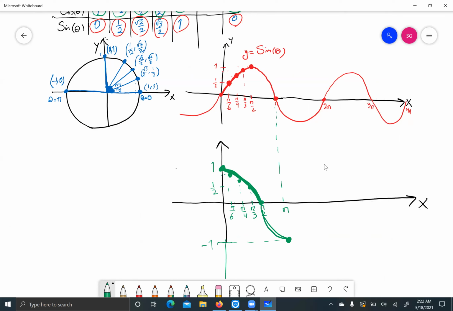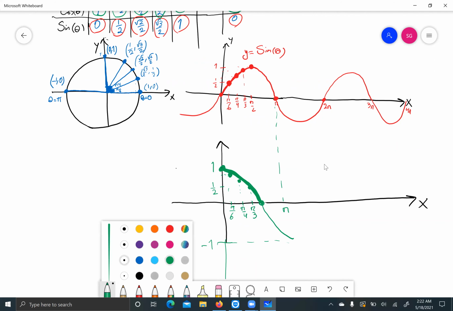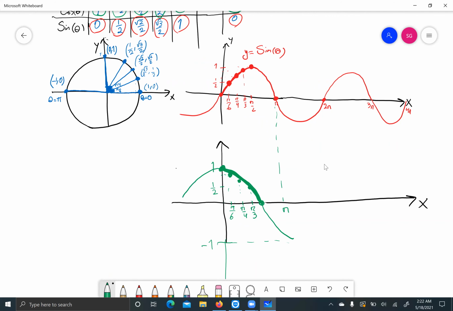You can plot more points to see why you have to draw it this way. But basically, if you plot more points, you see that the graph of cosine is like this. It goes this way, and then it goes this way. So at pi, it reaches -1, right?